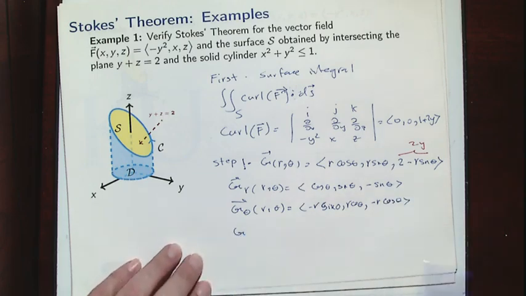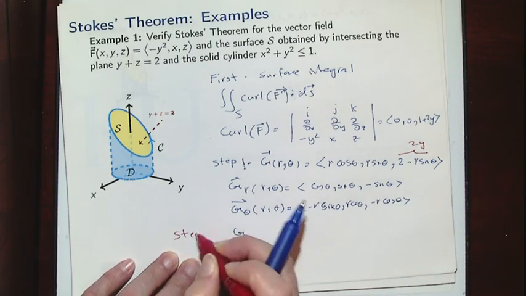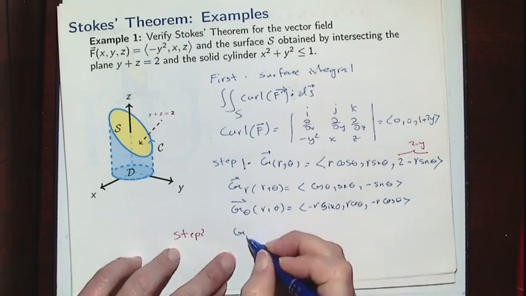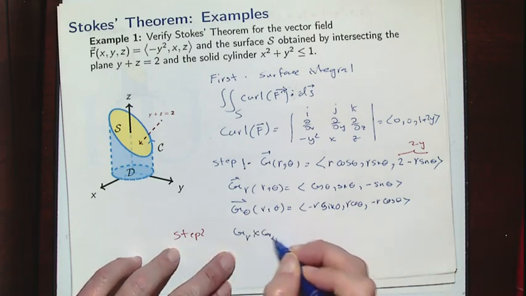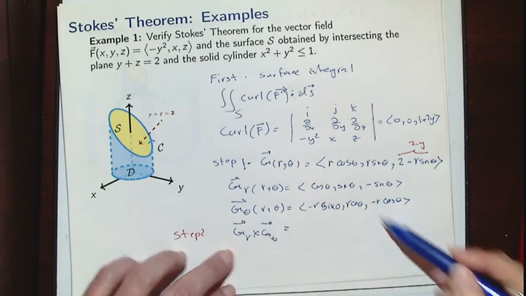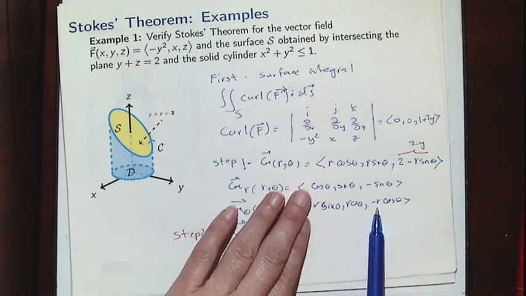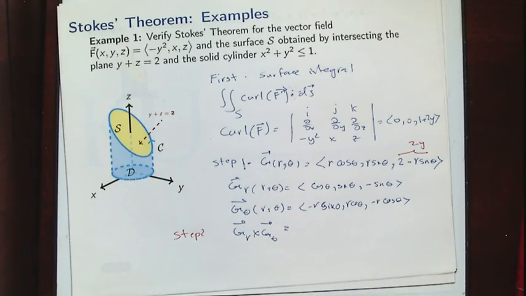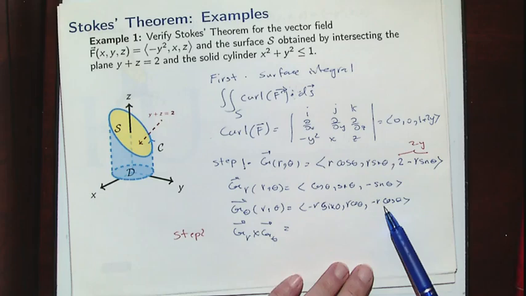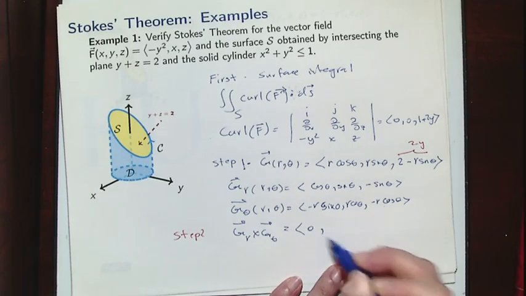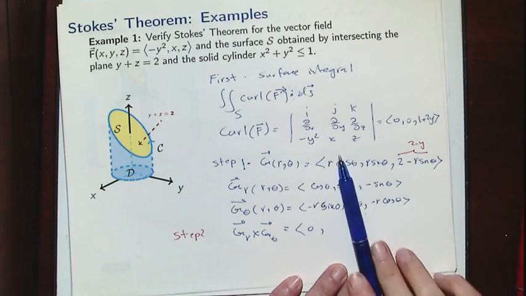This is now step 2. g sub r cross g sub theta is what? Minus r sine theta cosine theta plus r sine theta cosine theta. What is that? 0.